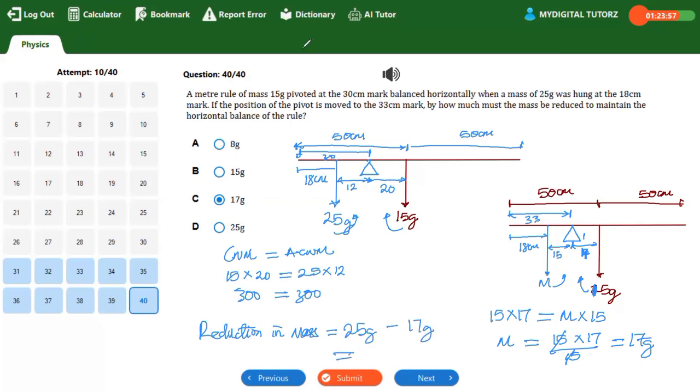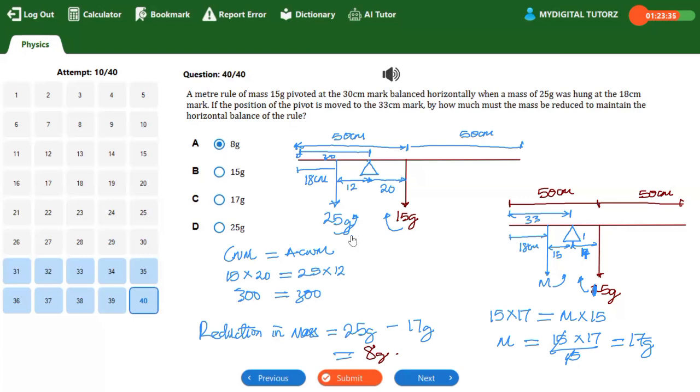That will give us our final answer: 25 minus 17 gives 8 gram. So that is the reduction. We have to reduce the mass by 8 gram in order to balance it horizontally. So the correct answer is 8.